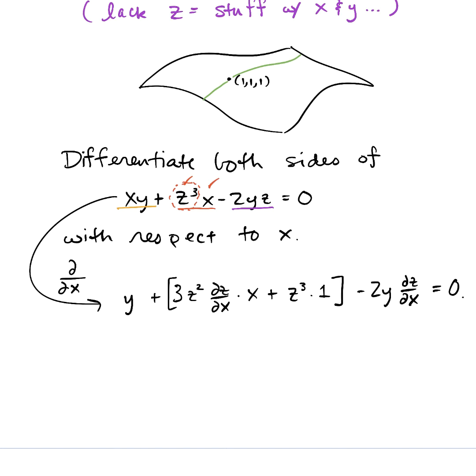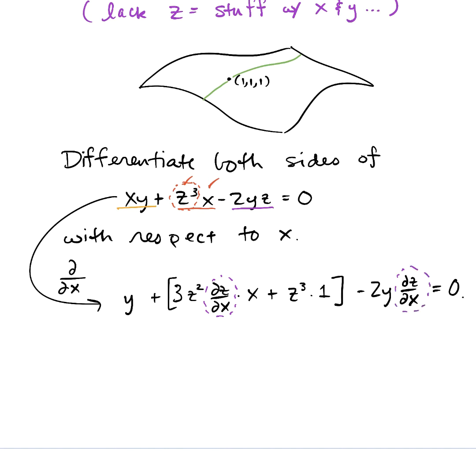Now, look at that left-hand side of the equal sign. Locate all the dz dx's you see. I see a dz dx right here. And I see a dz dx right here.